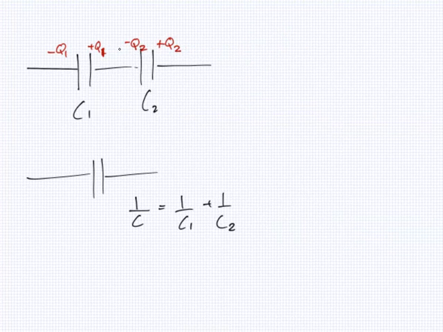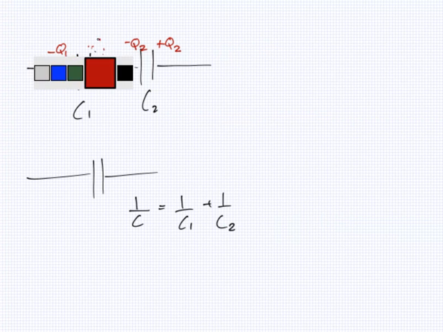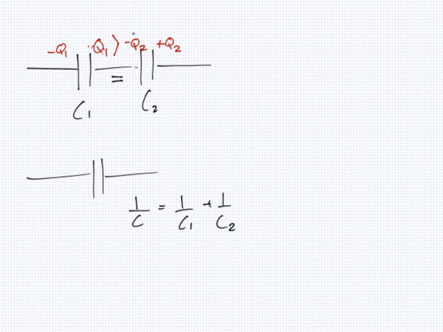But everything here must actually be equal, because imagine this Q1, let me write that a little bit neater. Imagine this Q1 was much bigger than this minus Q2, then they wouldn't be balanced and the current would try to flow.